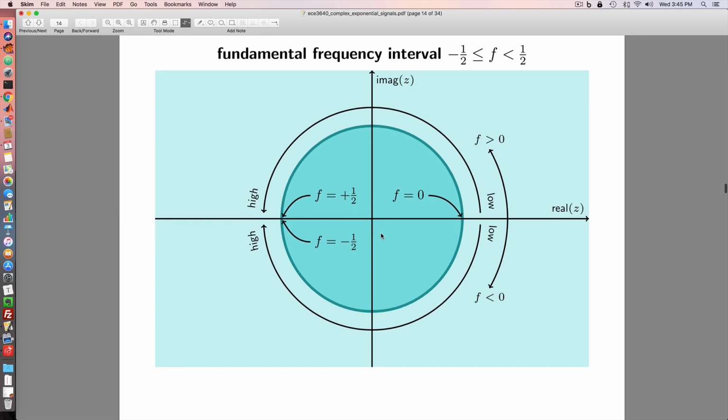This is another way to visualize things. We've been talking about complex exponentials, and you know that those are complex numbers whose magnitude is 1. So I've drawn the complex plane here with the real axis and the imaginary axis. This dark blue circle here represents the unit circle.